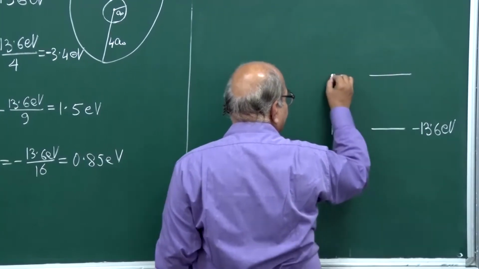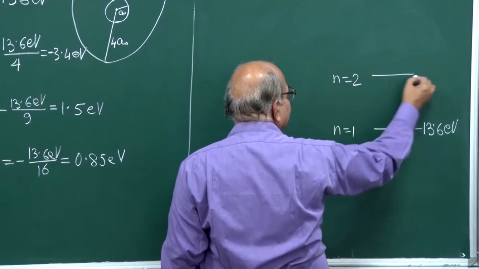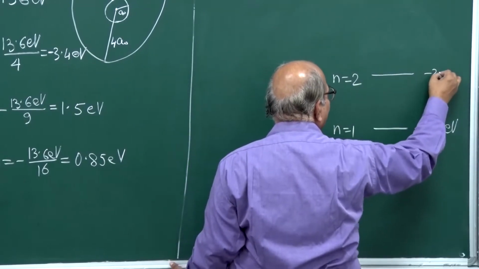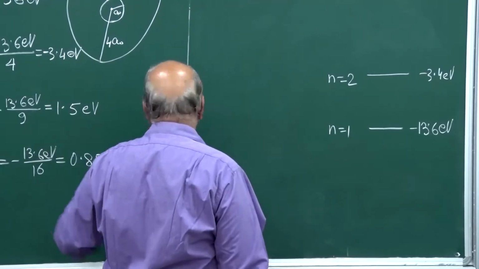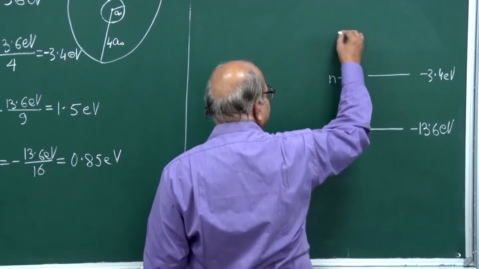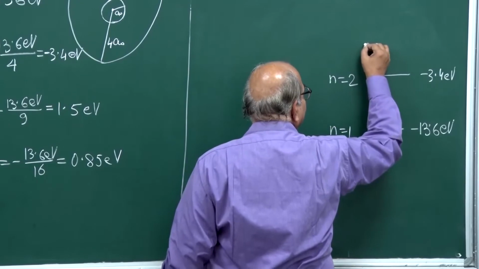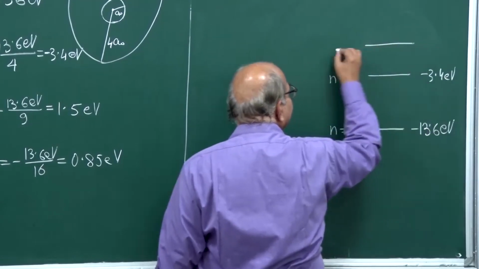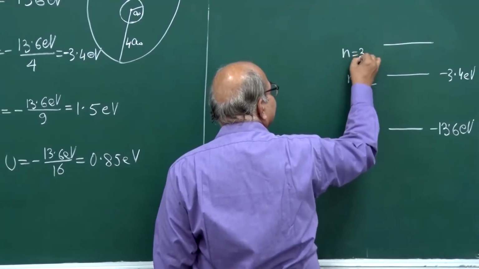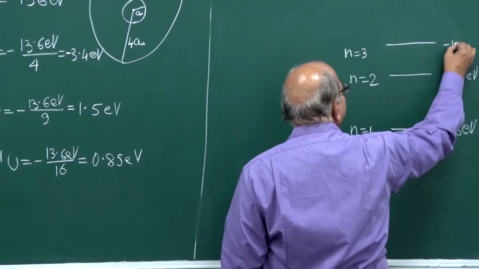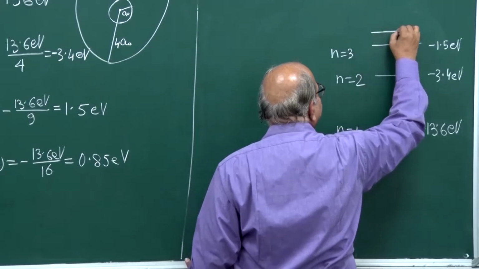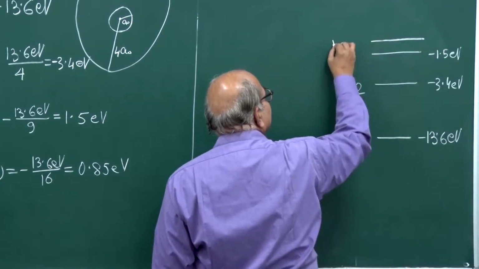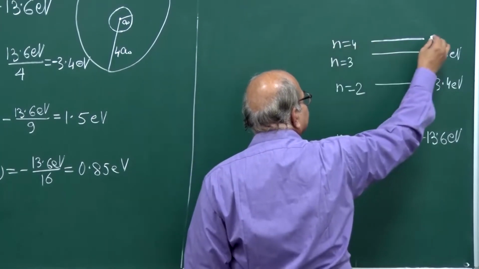This is n equal to 2, minus 3.4 electron volt. N is equal to 3 is 1.5 with a negative sign. So 1.5 will come somewhere here. This is n equal to 3, and this is minus 1.5 eV. Then you have 0.85 eV, n is equal to 4, and so on.